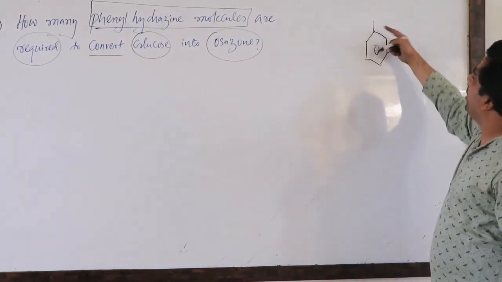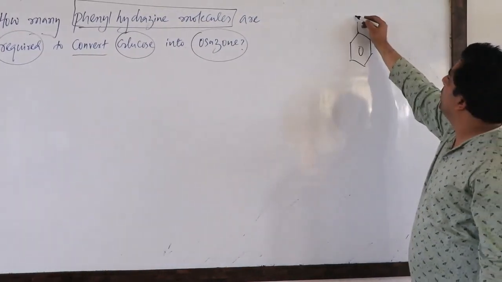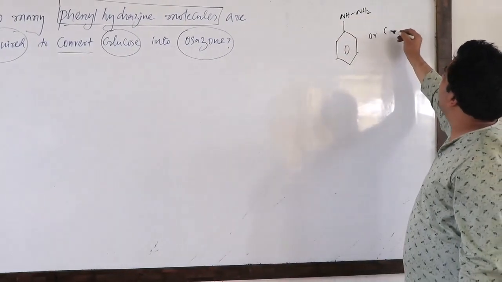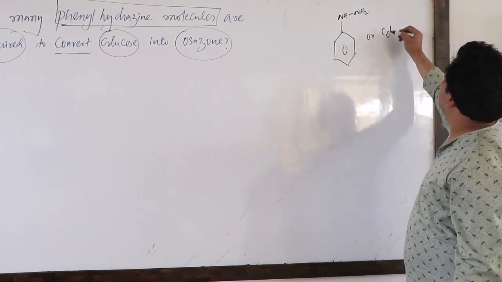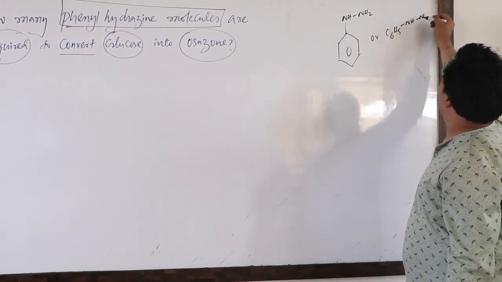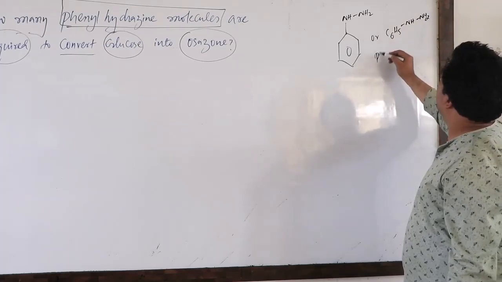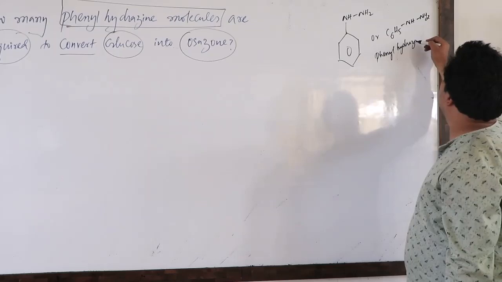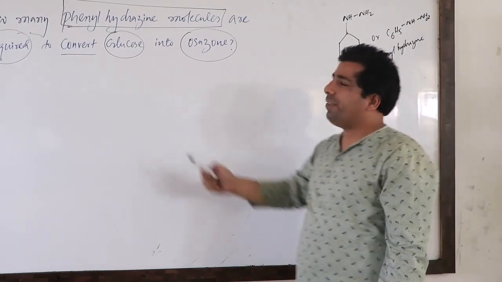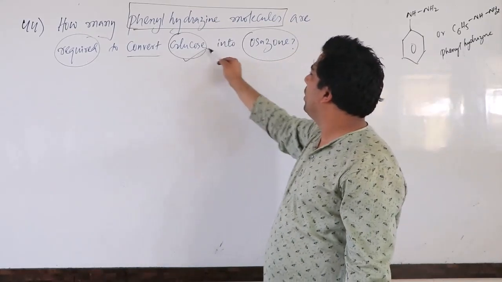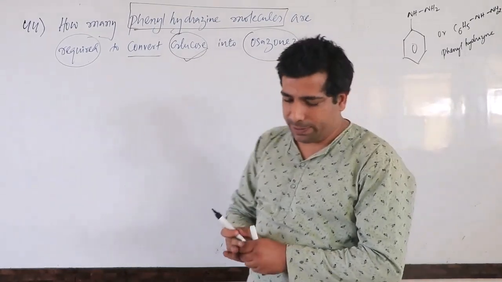If you remove one hydrogen, it becomes C6H5, then you have NH single bond NH2. This can also be written as C6H5NH then NH2. This is your phenylhydrazine, my dear friends.